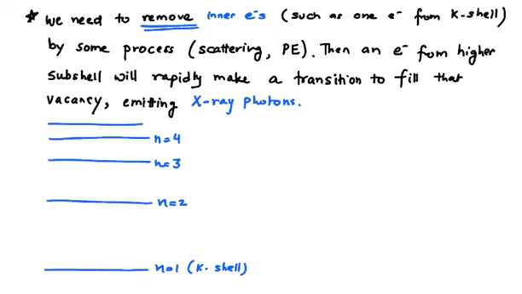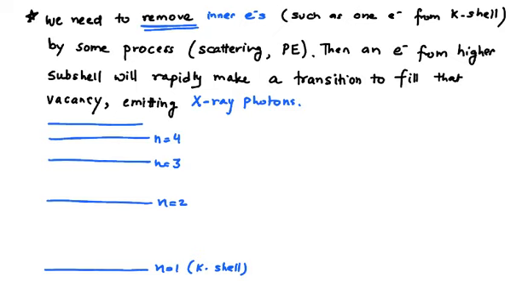So as I told you, we need to first remove an inner electron or inner electrons. Then an electron from a higher subshell will rapidly make a transition to this inner subshell to fill that vacancy, and thus emit X-ray photons.